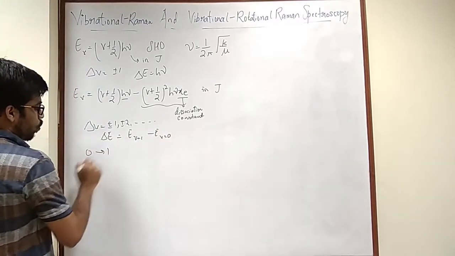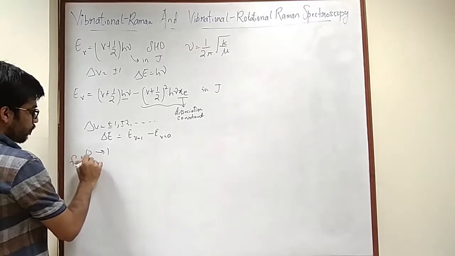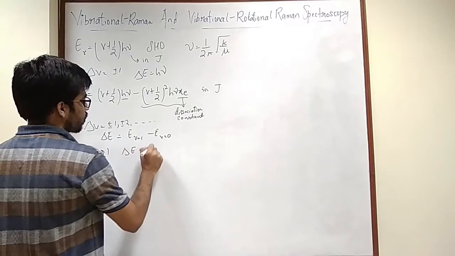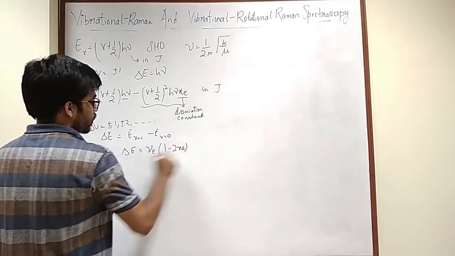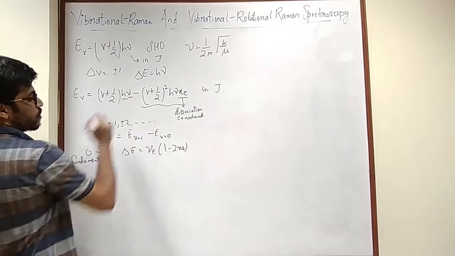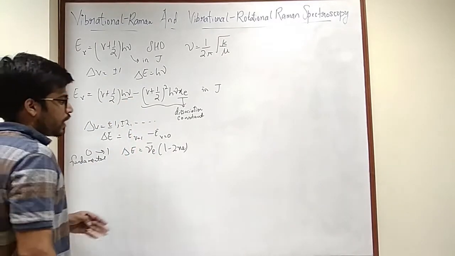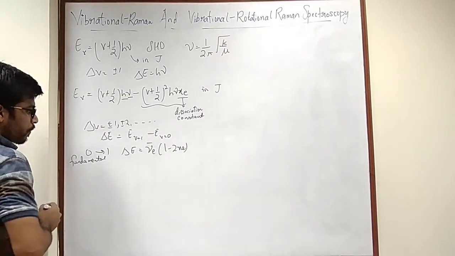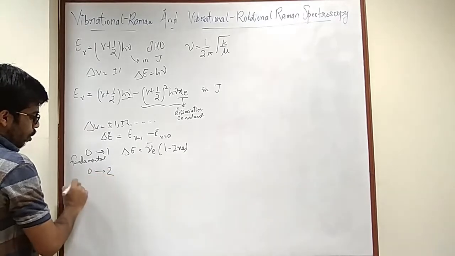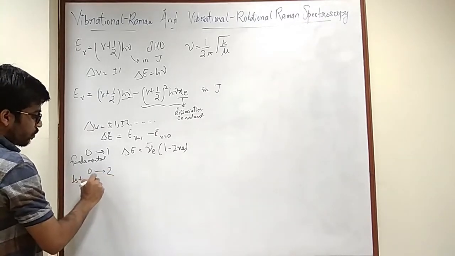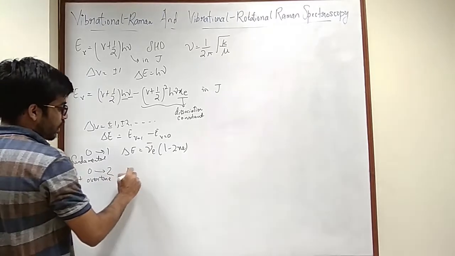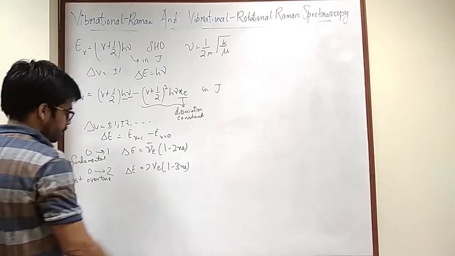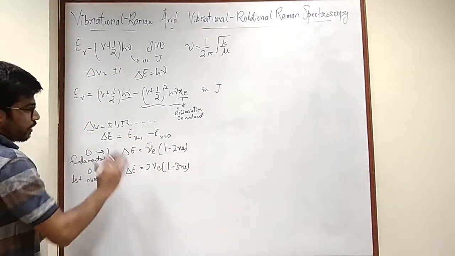For 0 to 1, also known as the fundamental, delta E was nu E (1 minus 2 xe). This nu E is simply this one. Now this is in centimeter inverse, that's why there is nu E. If this was in joules, this would have been h nu. For 0 to 2 or first overtone, we had delta E equal to 2 nu E (1 minus 3 xe).